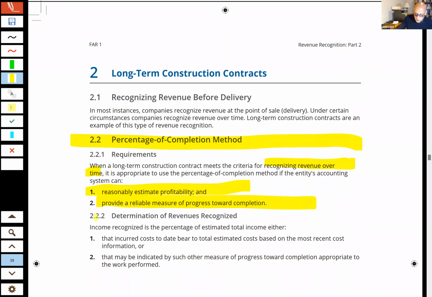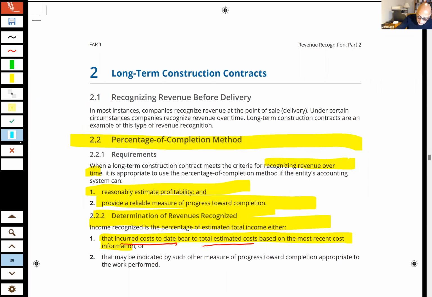Now, how do we figure out using this input method? Okay, and income is recognized as a percentage of total estimated cost. And so it's the costs incurred to date to the total estimated cost based on the most recent cost estimate. That's what's going to give us the percent done, cost to cost, okay?